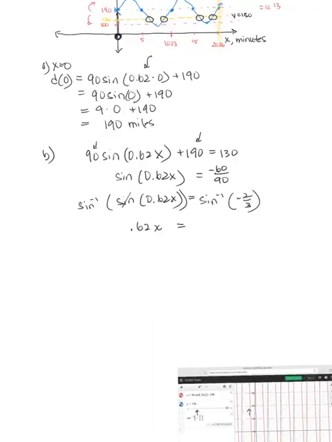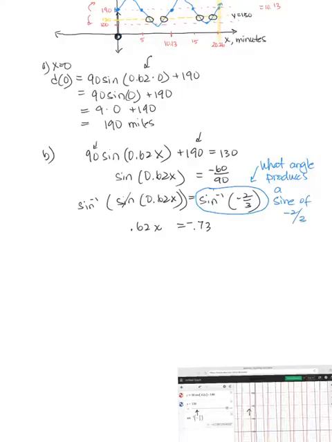So I get negative 0.73 as an answer. But I want to remind you of something. What we're asking on this step is, what angle produces a sine of negative 2/3?